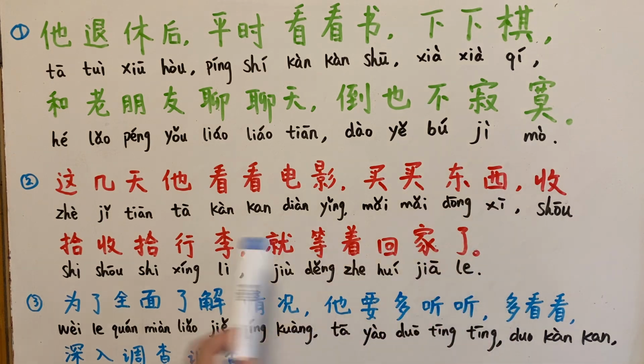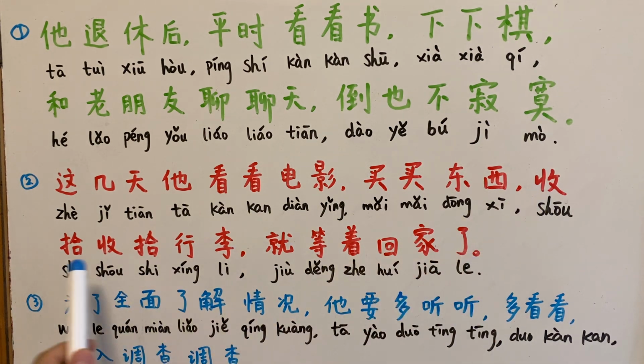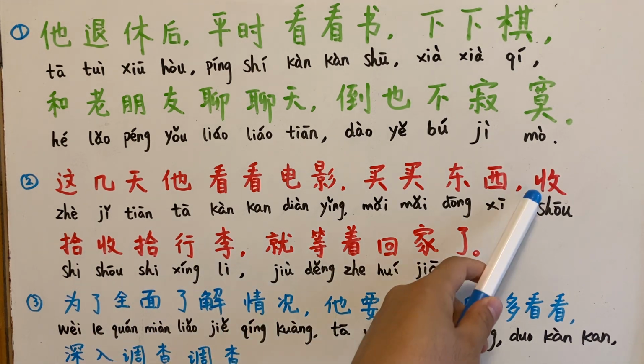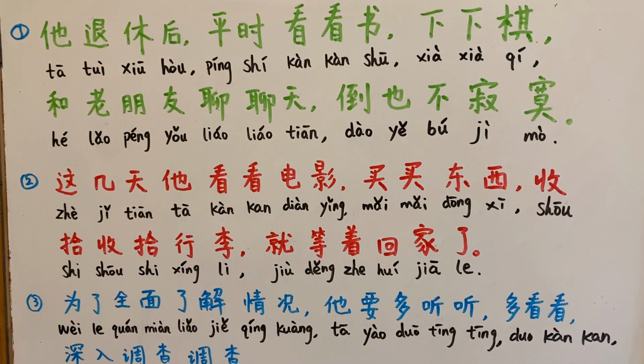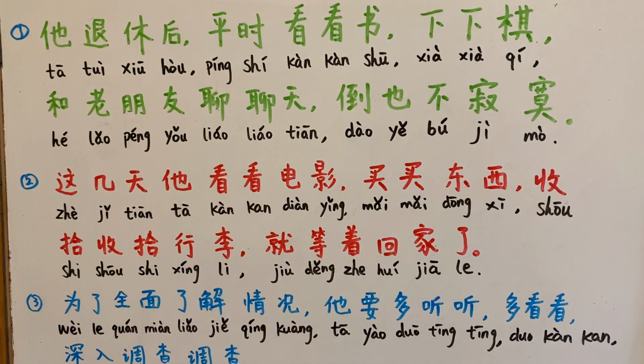And this one, 收拾, okay, this is another type of verb reduplication. 收拾 is a verb phrase, and 收拾 is the A-B type. This one is A-B type. 收拾 means to pack my 行李, luggage. 收拾行李 means to pack my luggage.